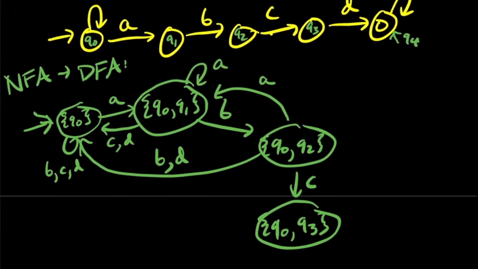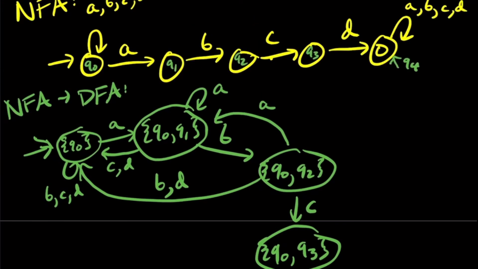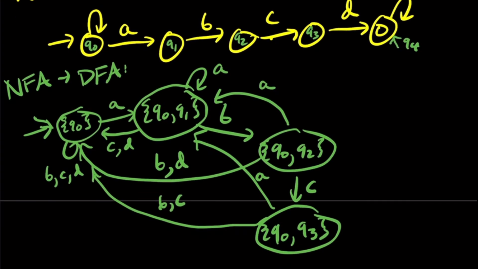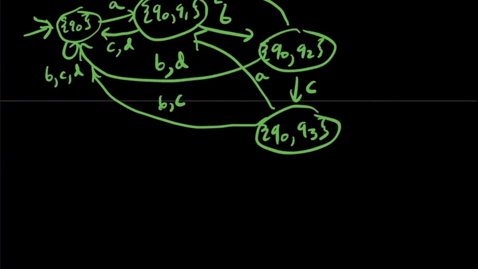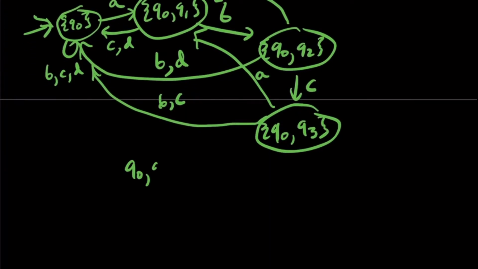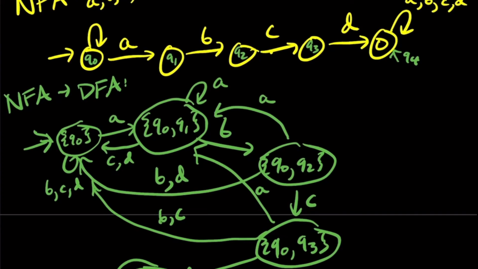And then on A, I'm going to go back up here. If I have a B or a C, then I'm going to come back here. And if I have a D, then that means I'm going to go to Q0, Q4. So I'm going to have a 0, 4 state, which is final for now. So that's where D goes. Let's just make sure I did that right.